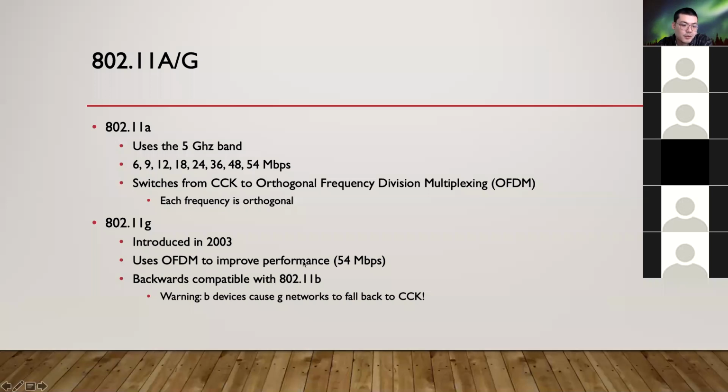This will improve the performance, so it can reach this highest speed. It's also backward compatible with the earlier B version, the first version we mentioned. But because the previous one uses CCK and this uses OFDM, there would be a revert back to CCK, which means you cannot fully utilize the bandwidth and the lower confliction of the G version of the Wi-Fi.